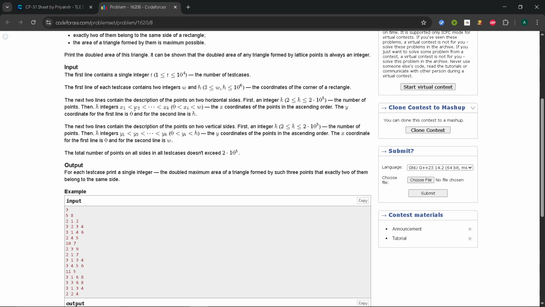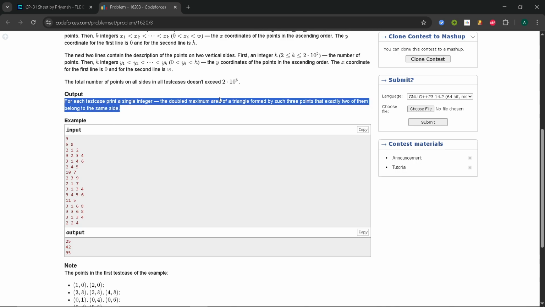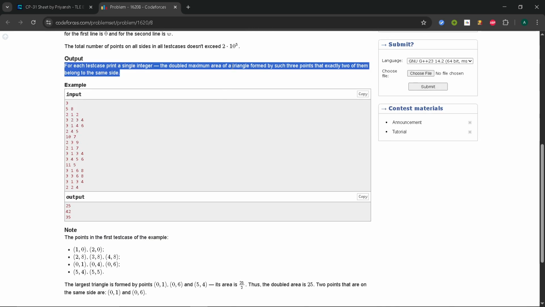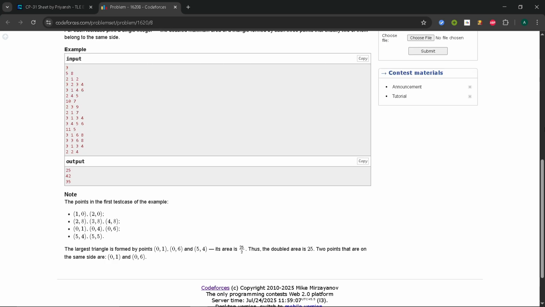The coordinates for the first are 0 and W. The total number of points on a side does not exceed 2 into 10 power 5. Okay. Print a single integer, the double maximum area of the triangle formed by 3 such points where exactly 2 of them belong to the same side.